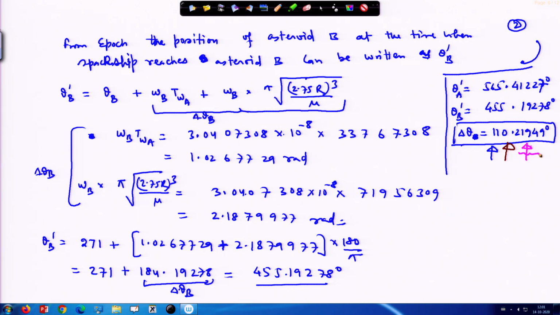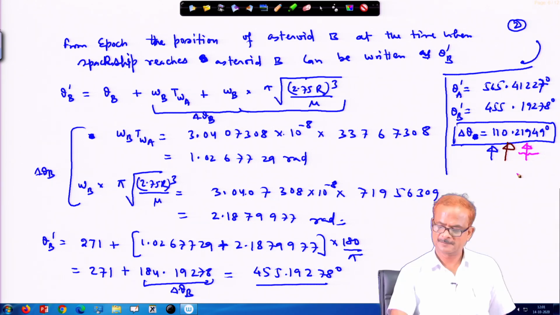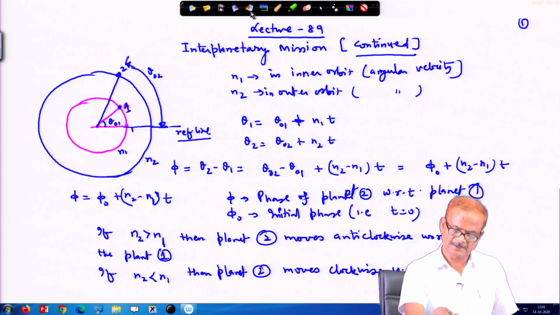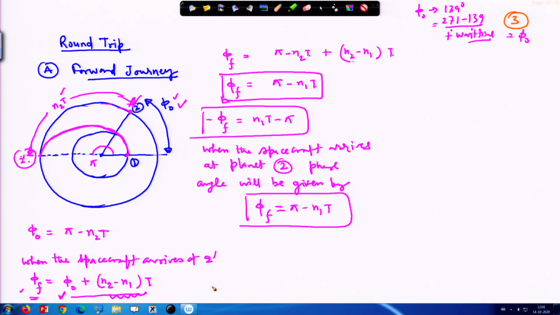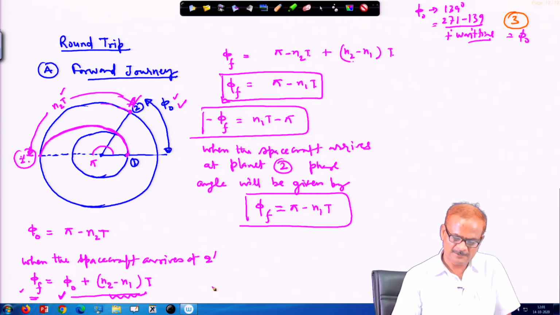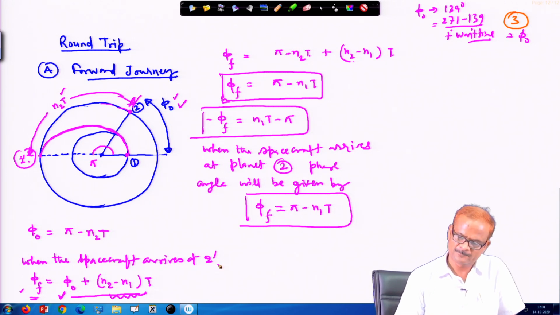So, this is the initial phase difference between these two, theta b prime and theta a, between the planet A, asteroid A and the asteroid B. So, this is referring to the phase difference we are writing here. So, this is written more in mathematical terms. Sometimes it may happen that you do not remember the equation, but you can always work out using the problem the way I have solved it.